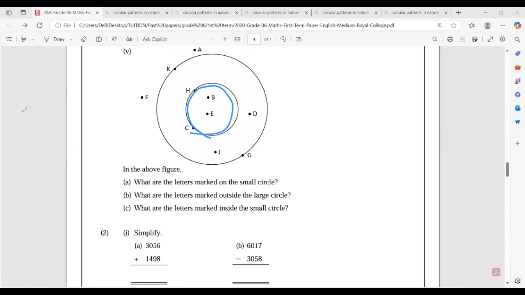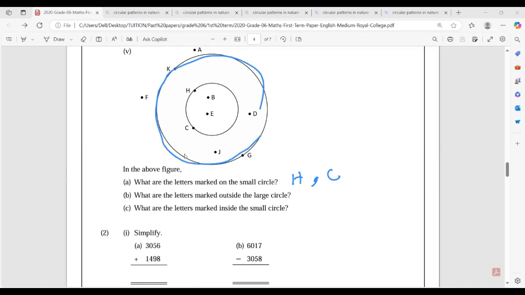So you can say that the letters marked on the small circle are H and C. Right. What are the letters marked outside the large circle? The large circle is this one, right? This is the large circle.